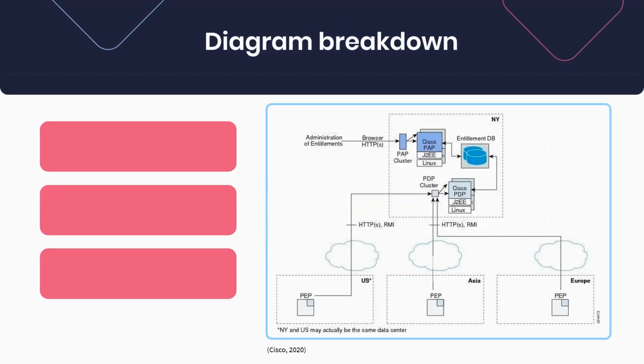Here is a diagram of the company's potential centralized infrastructure. Our first stop is the policy enforcement points, PEPs, at the bottom. A policy enforcement point, PEP, is a component that serves as the guard to a digital resource on a network.